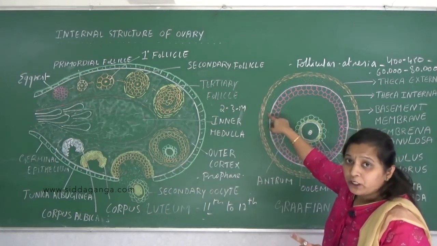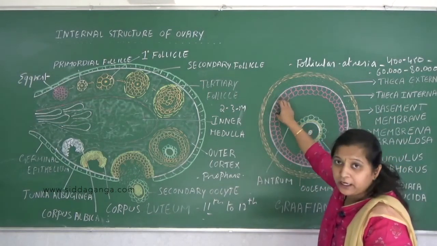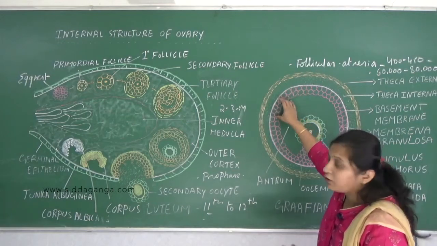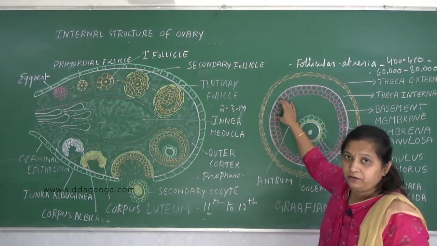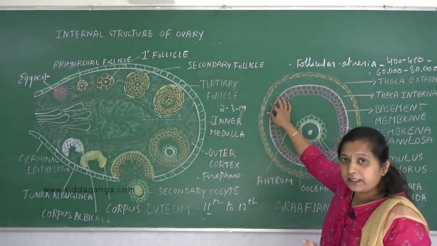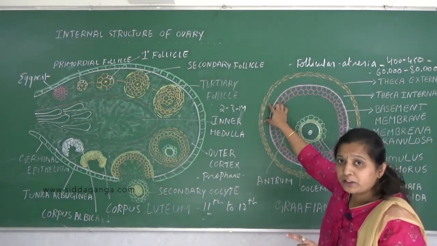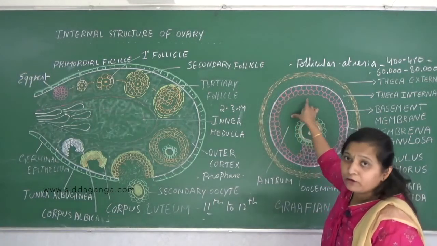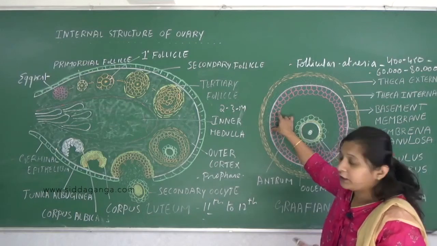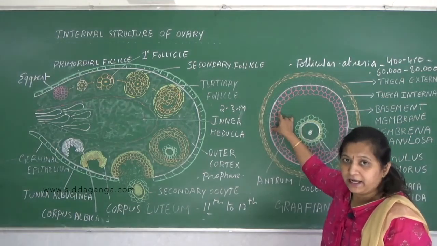This androgen diffuses into the granulosa cells. The granulosa cells then convert the androgen into estrogen. The theca interna will not secrete estrogen; it secretes androgen, which is converted into estrogen by the granulosa cells with the help of the aromatase enzyme.